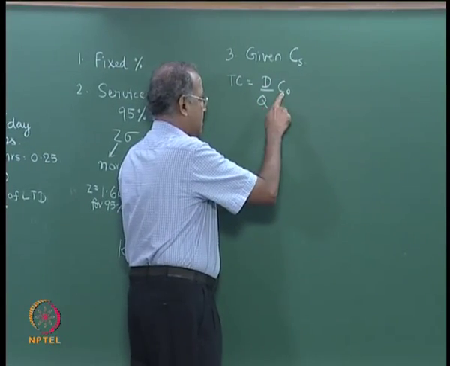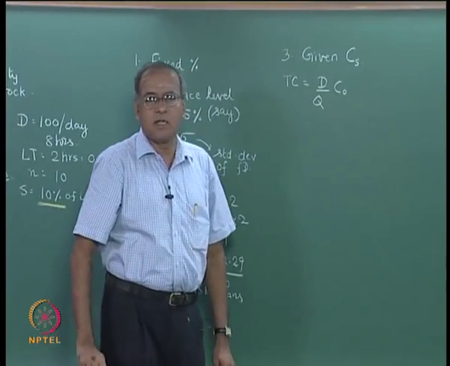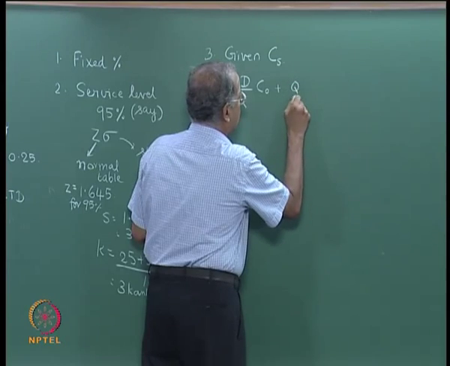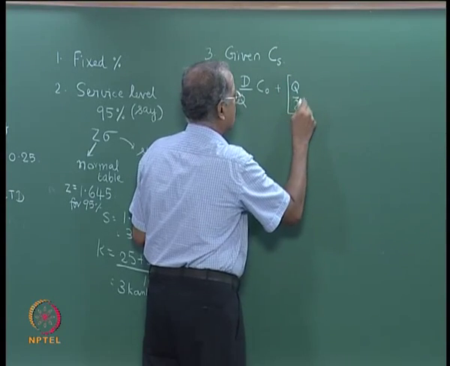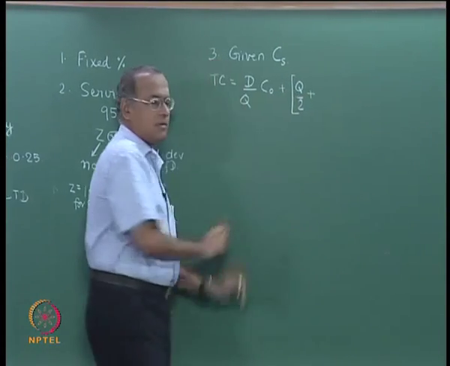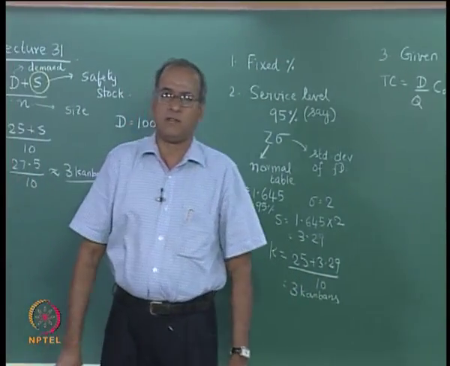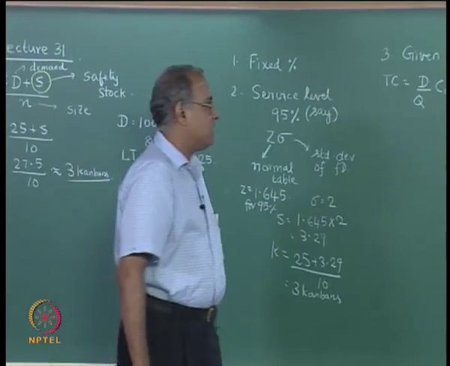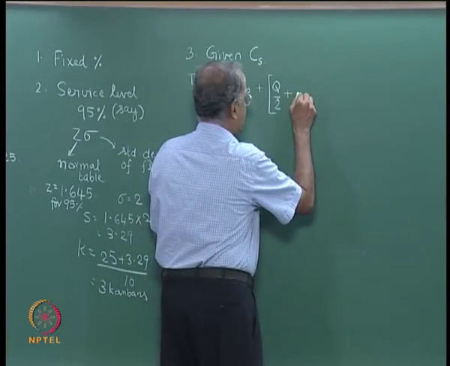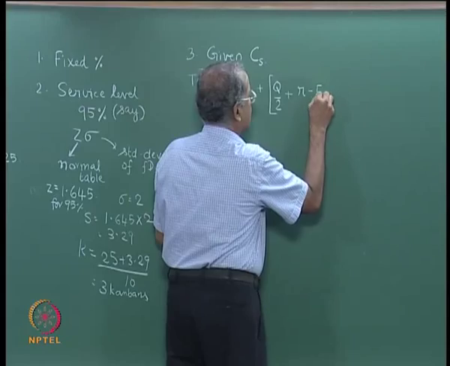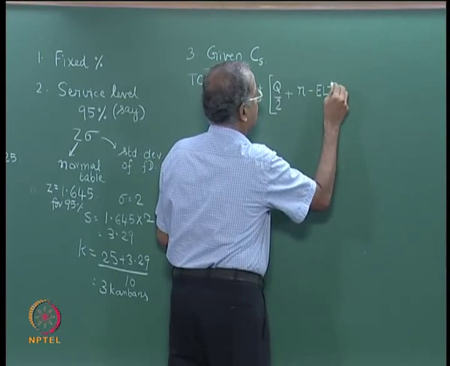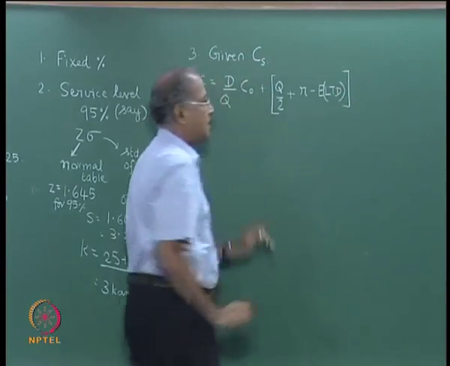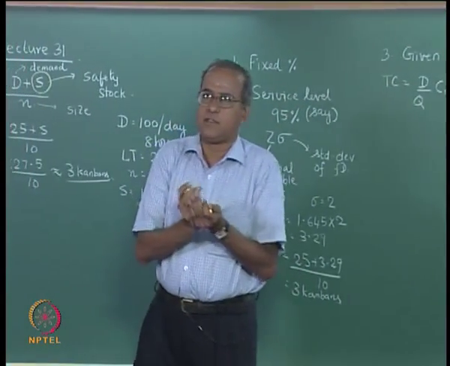So, D by Q into C naught will give us the total ordering cost, plus Q by 2 is the average inventory that we hold in this system, plus there will be a safety stock. So, if the reorder level is R, R minus expected value of lead time demand will be the safety stock that we have in this system.